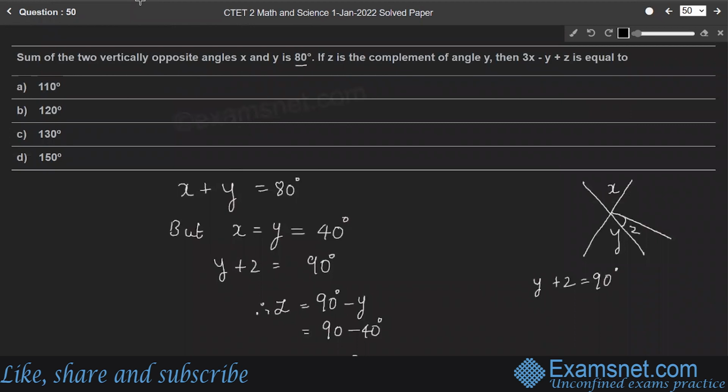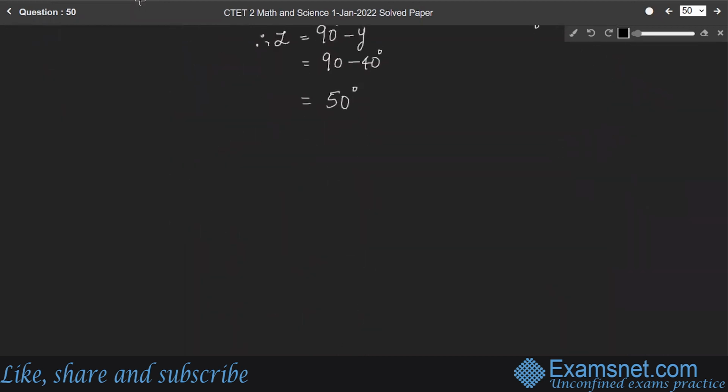Then 3x minus Y plus Z is equal to 3 into x, which is 40 degrees, minus Y, which is also 40 degrees, plus Z, which is 50 degrees.